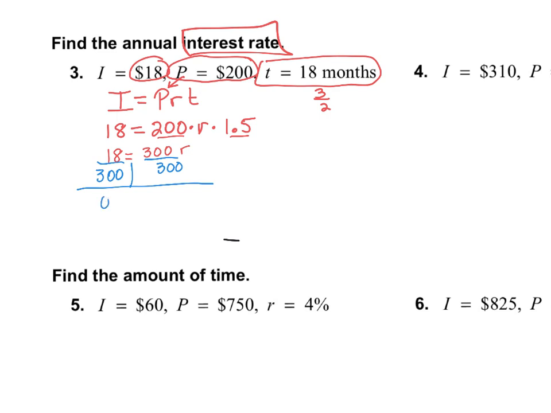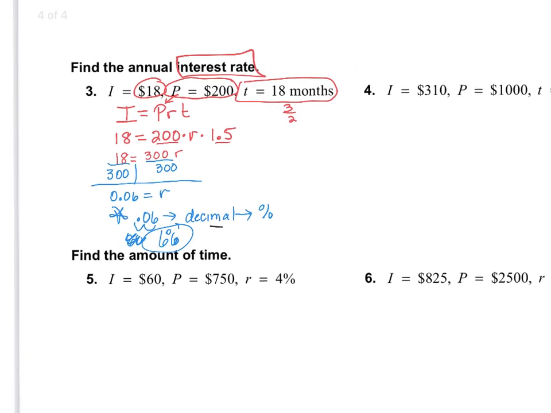When you take 18 divided by 300, you get 0.06 equals R. And just remember, when it's a rate, you've got to change it from a decimal to a percent. So we move 1, 2, so my rate is 6%. It's just simple algebra.